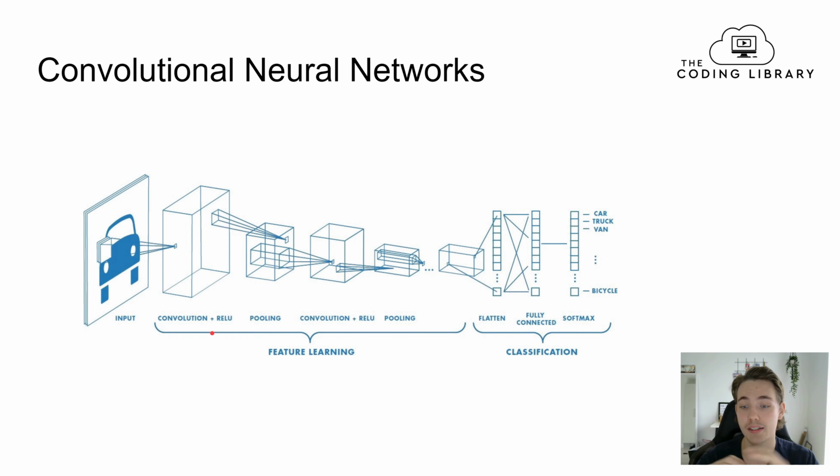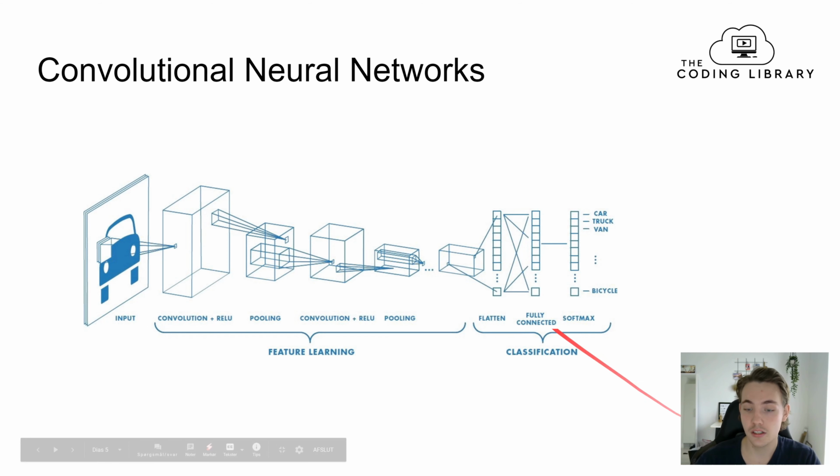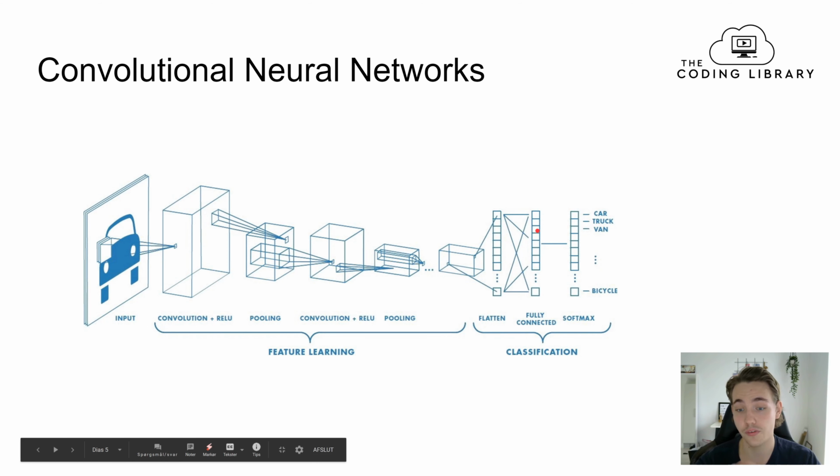I'm not going in depth with all of these complex things inside the hidden layers. I'm going to make a tutorial on neural networks where we go more in depth with all of these different layers, where we have pooling and convolutional layers, and then a pooling layer again, and then in the end we have this classification part of the neural network where we flatten our image.